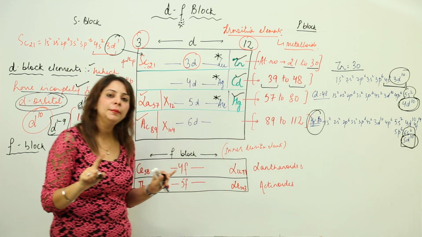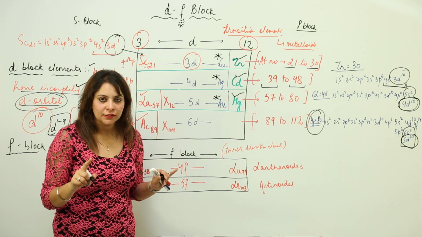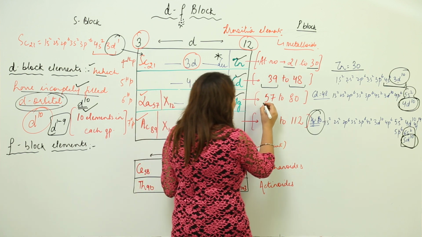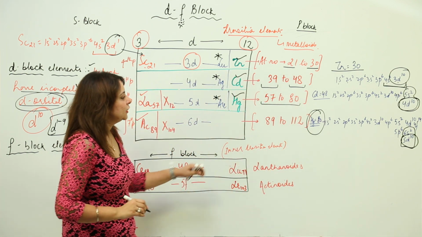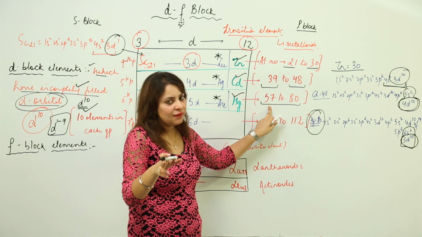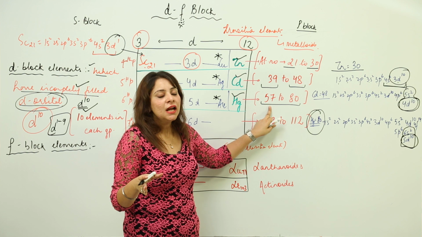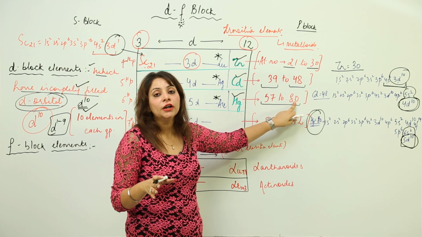Obviously, in each period there will be only 10 elements because the d orbital can accommodate a maximum of 10 electrons. In the sixth period, we have 57 to 80. So that means 57 to 67, 10, 67 to 77 again 10, 20, and 77 to 80, that means 3. So it has got 23 elements.